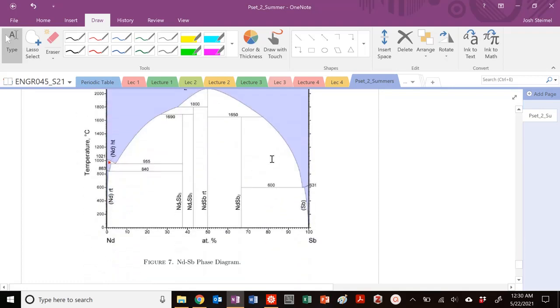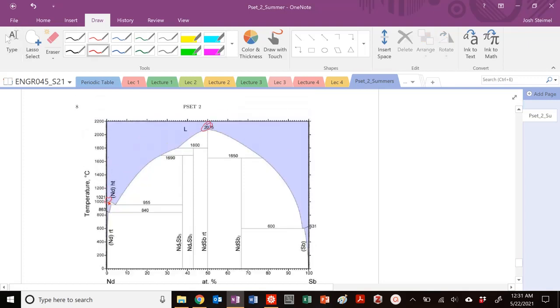Let's do the exact same thing here while we're on a roll. So congruent melting point here, we have a congruent melting point right here, and we have a congruent melting point right here. The regions: this plus this, Nb at high temperature plus this region here.